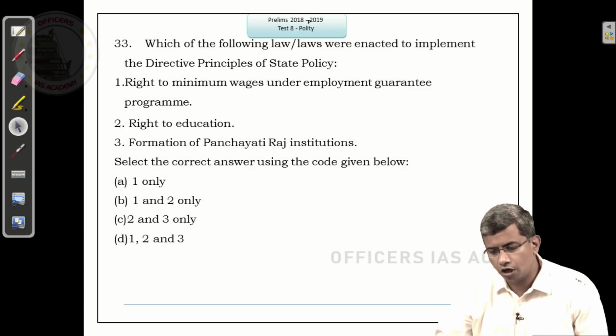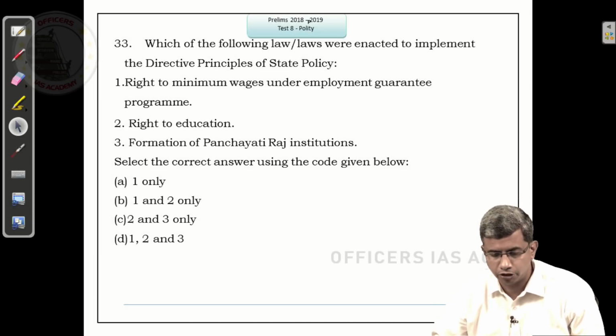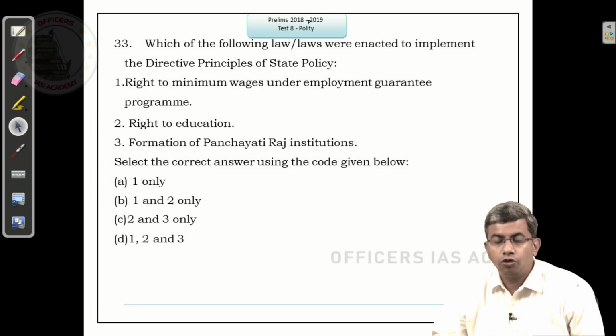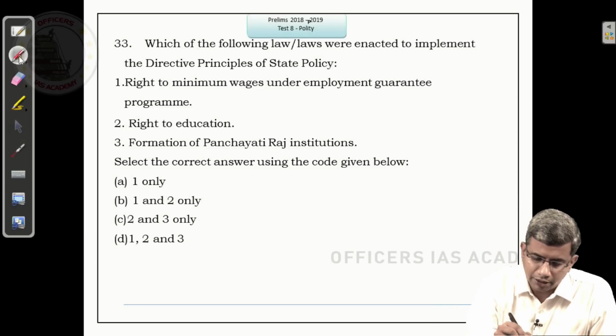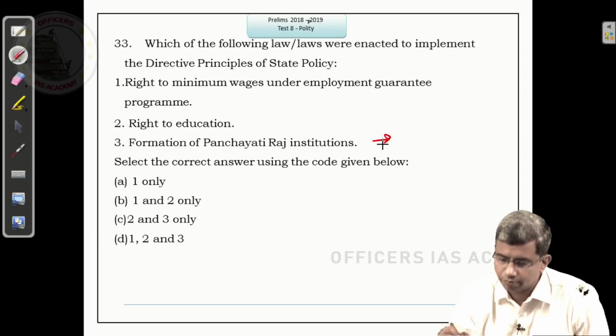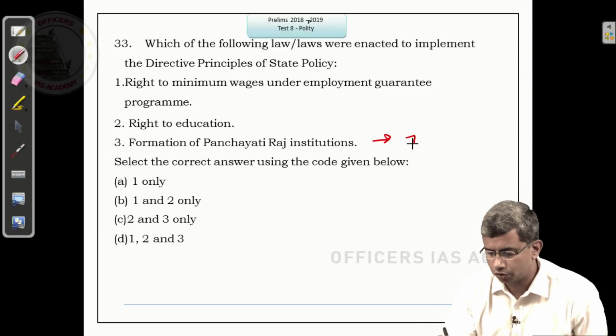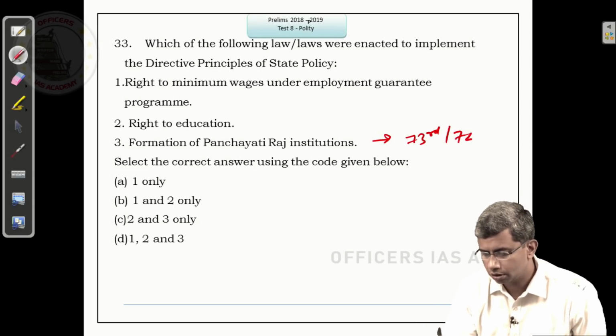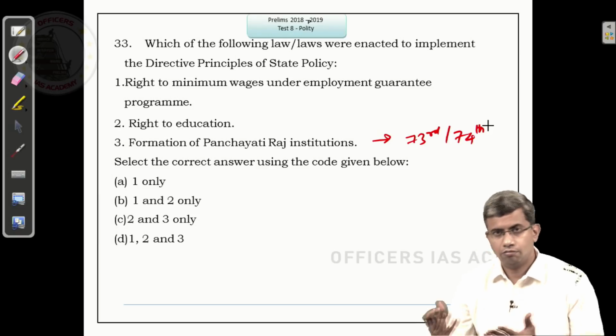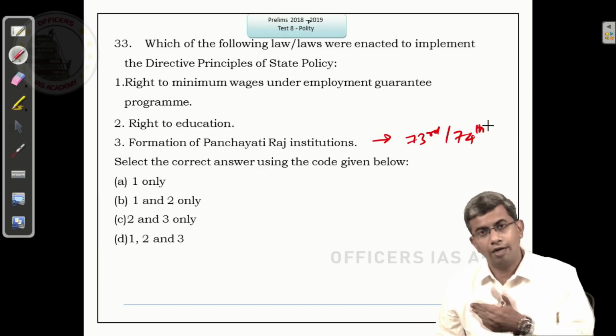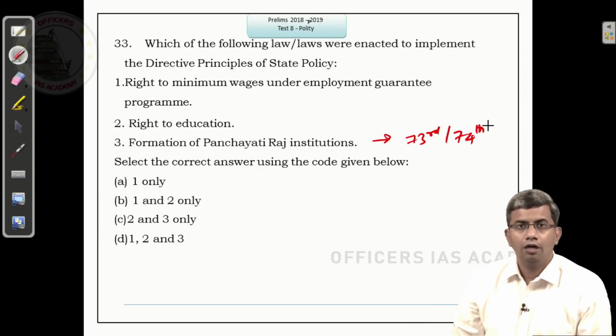Which of the following laws were enacted to implement the directive principles of state policy? Right to minimum wages under employment guarantee program, right to education, formation of Panchayati Raj institutions. Now guys, it's a tricky question, because the Panchayati Raj institution is 73rd and 74th amendment is already there, so it is not anymore based on directive principles.